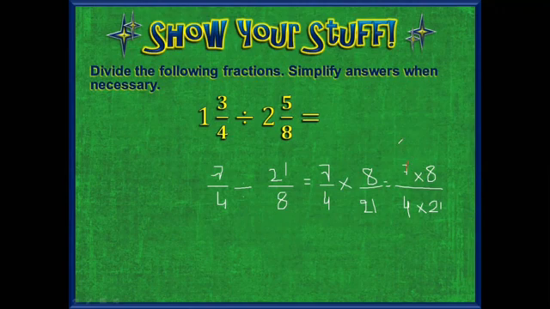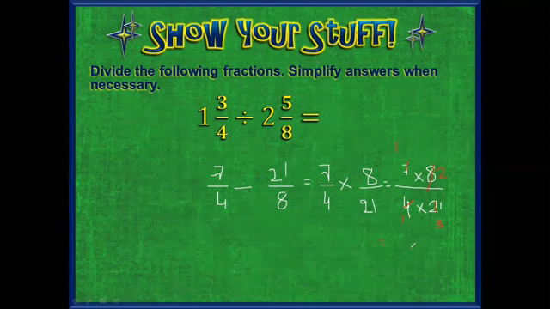I can divide 7 by 7 to get 1, 21 by 7 to get 3. 8 and 4 can be divided by 4. 4 divided by 4 is 1. Since I can't simplify anymore, I just multiply the new numbers.